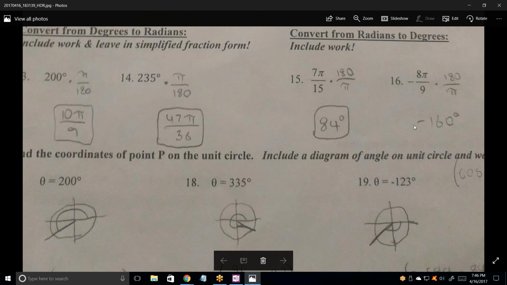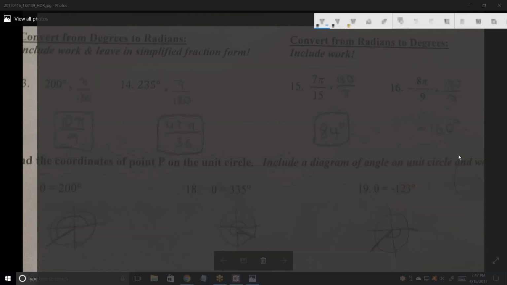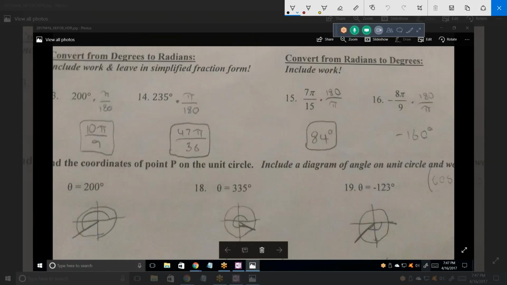Notice my way is a little easier, I think. You can use it whatever way you want, but first of all, hold on a second. I gotta take a picture. And I don't want to confuse you any, but pi over 15 is what?